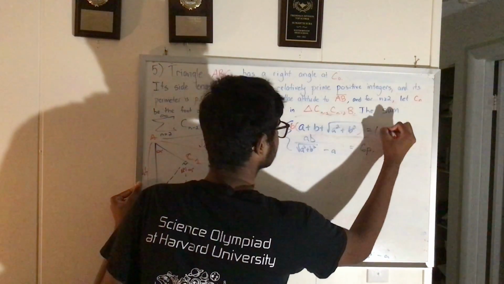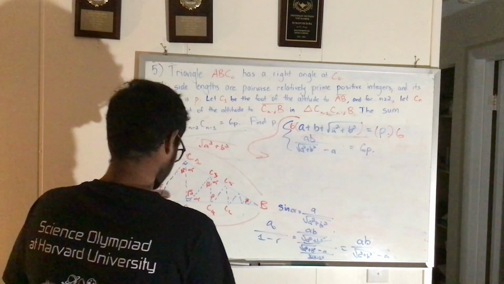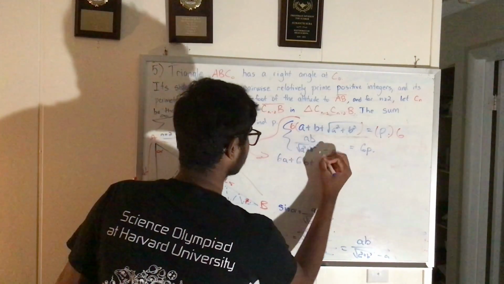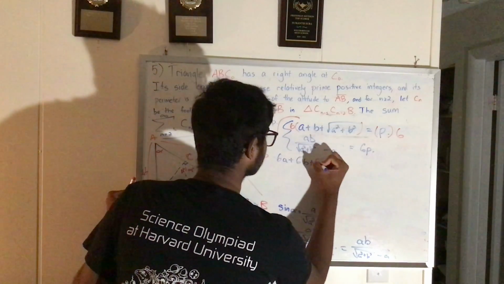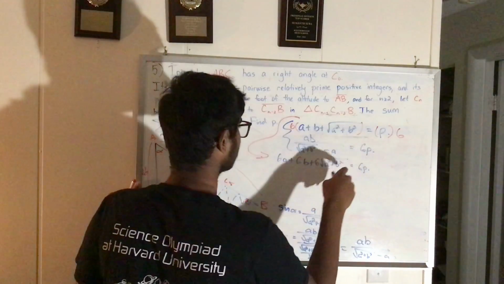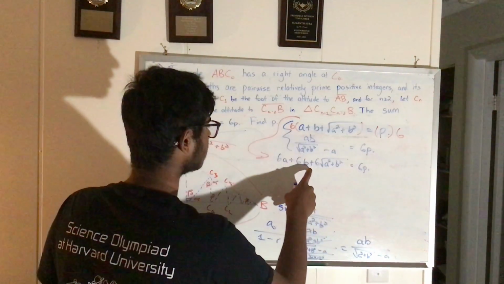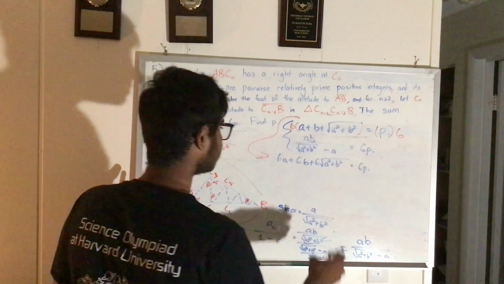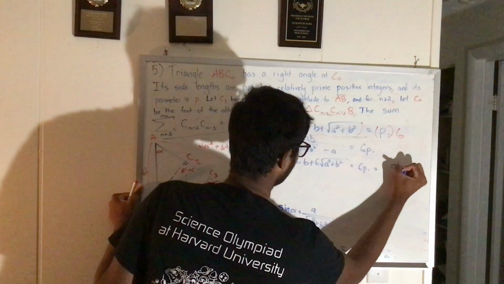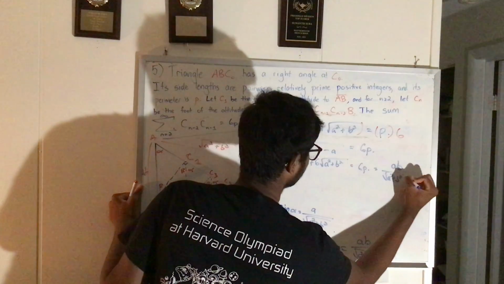And bringing this over here, we have 6a plus 6b plus 6 root a squared plus b squared equals 6p, and then we have this equation. So we can equate these two. So that gives us this stuff equals ab over root of a squared plus b squared minus a.